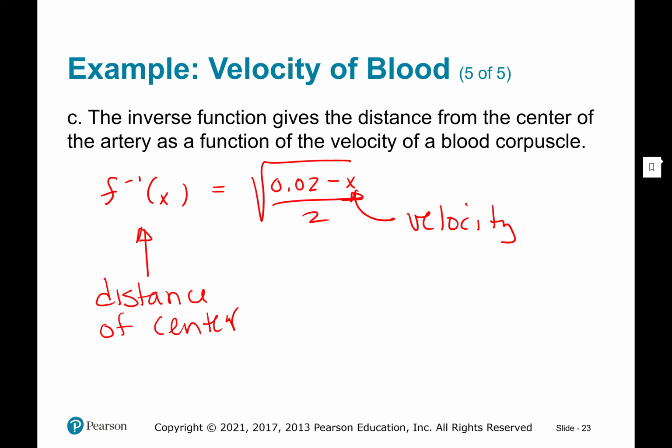So the original function found the velocity in terms of the distance you are from the center of the artery. X is the distance. V of x, we should have used V of x, shouldn't we? The input was the distance, the output was the velocity.